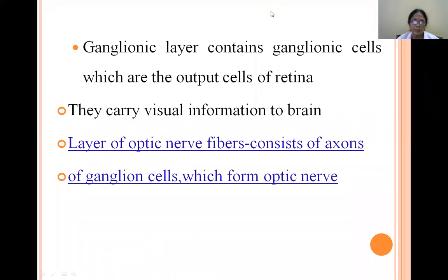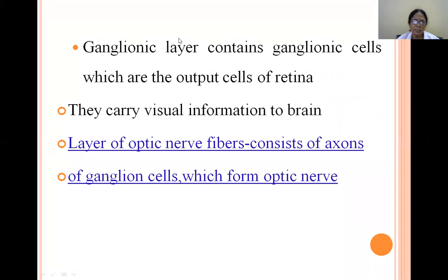The ganglionic layer contains ganglionic cells. The axons of these ganglionic cells form the optic nerve, and the information travels to the brain, the occipital cortex, area number 17, the primary visual area.